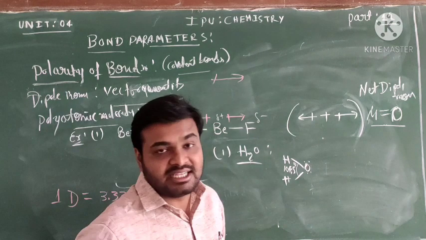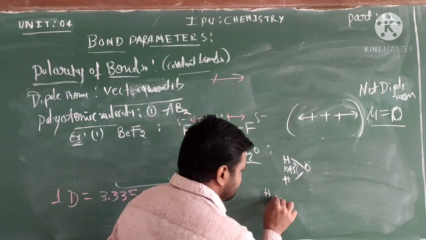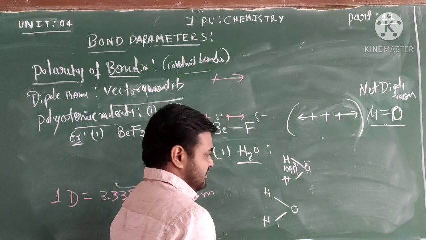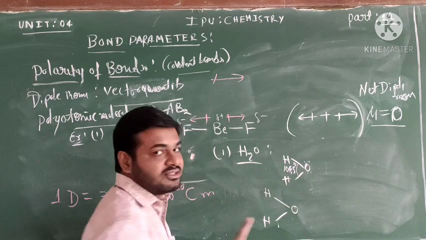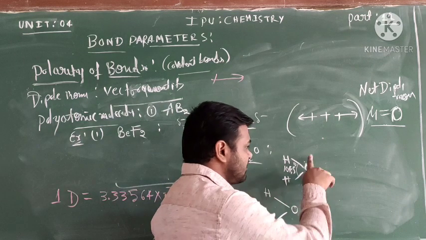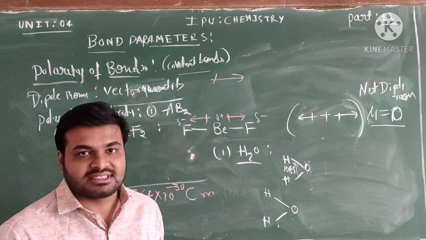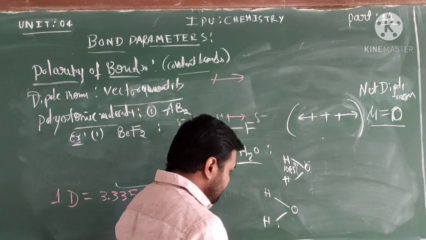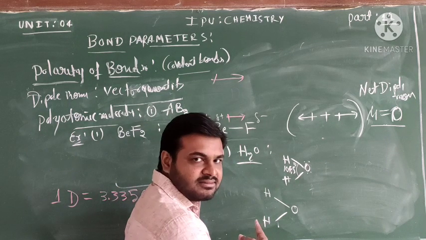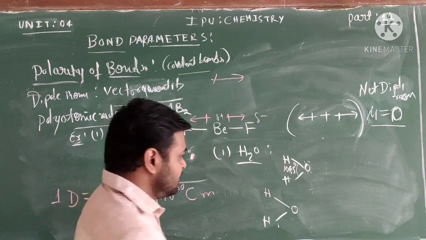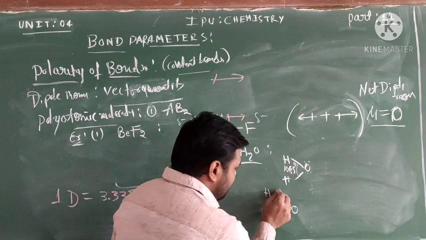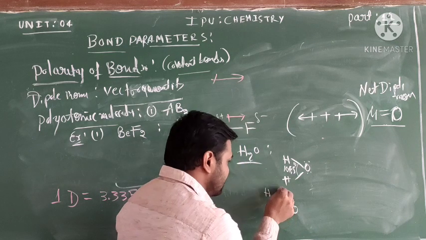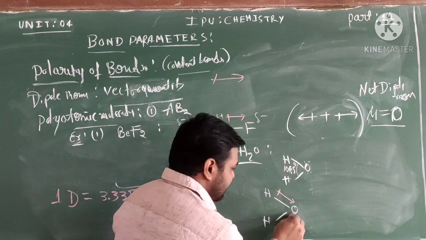Polarity goes towards the more electronegative atom. So with hydrogen, oxygen, hydrogen, the polarity moves towards oxygen, which has lone pairs of electrons. Don't forget the presence of lone pairs of electrons; they attract the electrons. Hydrogen is less electronegative and oxygen is more electronegative, so electrons move from hydrogen towards oxygen.